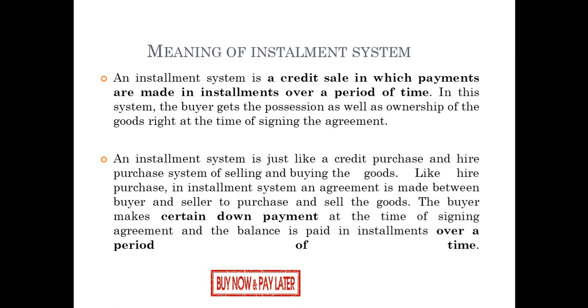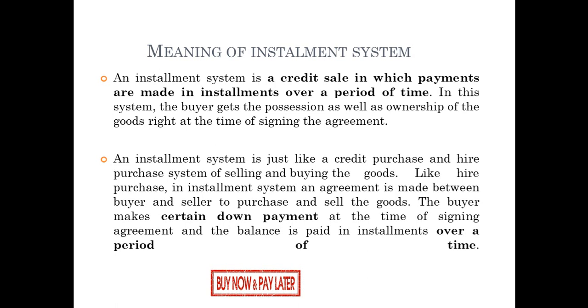In this system, the buyer who buys the goods on the basis of installment system immediately gets two things. The first is possession of the goods, because he physically takes the goods like a TV, washing machine, or car; most durable goods are purchased by installment system.